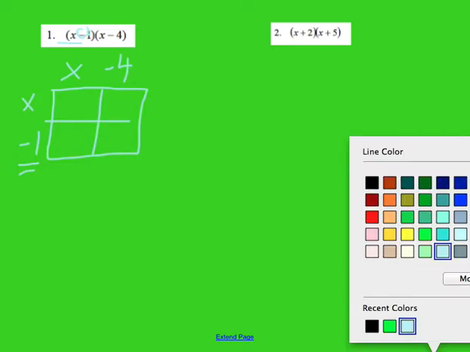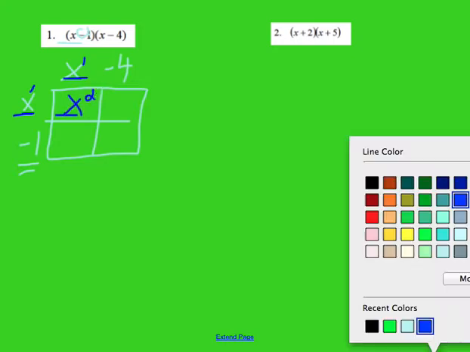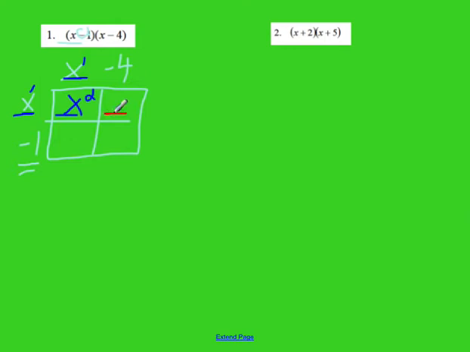Now I need to multiply into the box. So for this box here, I'm going to take x to the first times x to the first. Now remember, when you multiply x to the first times x to the first, you need to add those exponents and you get x squared. Next thing I need to do is multiply this by this.